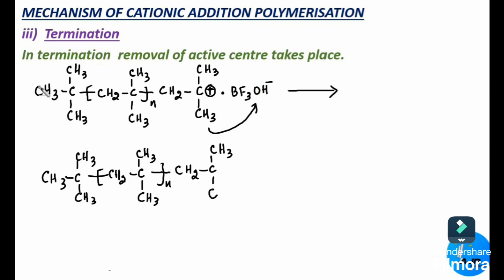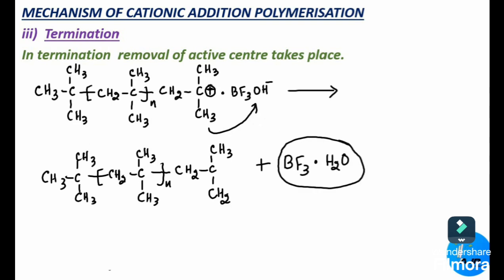So automatically this becomes a C, in this CH3 becomes CH2. Okay, and this is becoming CH2. So this is the final product. We are getting a polymer plus BF3 dot H2O. We have separated the active center from this carbonium ion. Finally, we have got the end products.